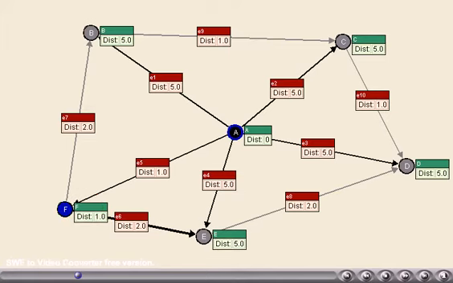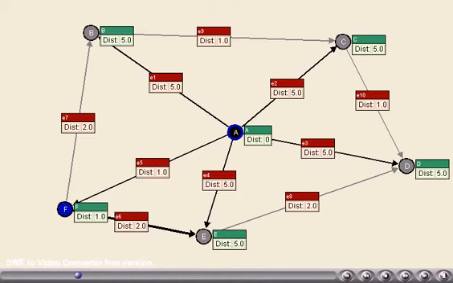Now, we will update the adjacent nodes of F which are not in the finalized state. They are B and E. Their distances are updated. If we verify, to reach E directly from A, it takes 5. However, if we go via F, it will be 1 plus 2, 3 only.